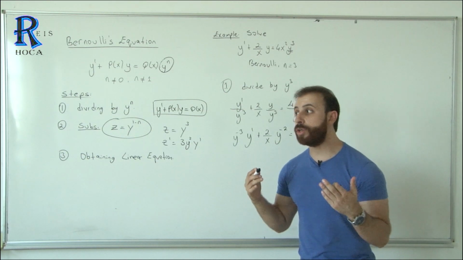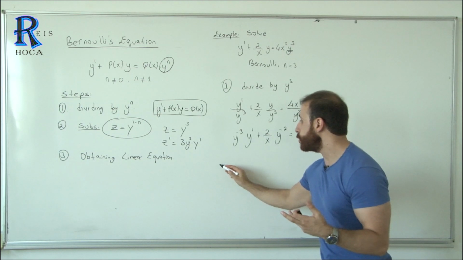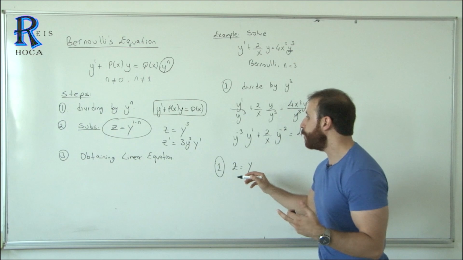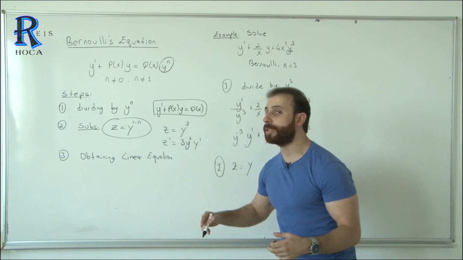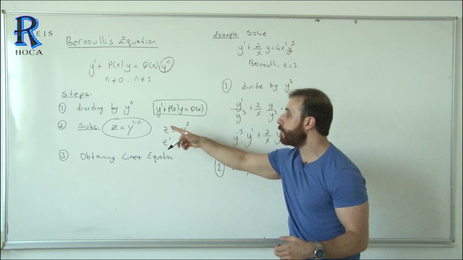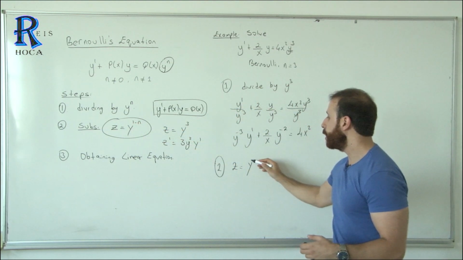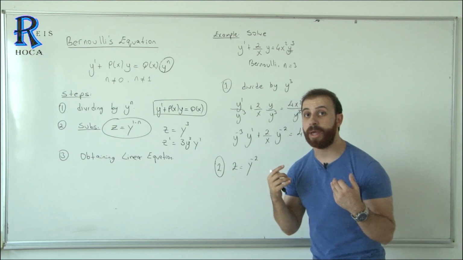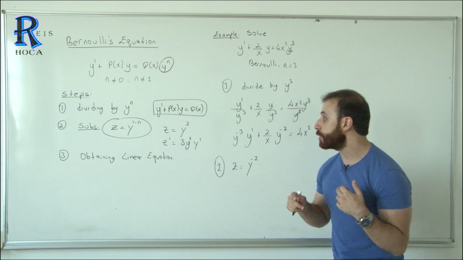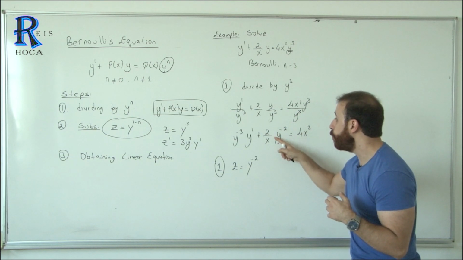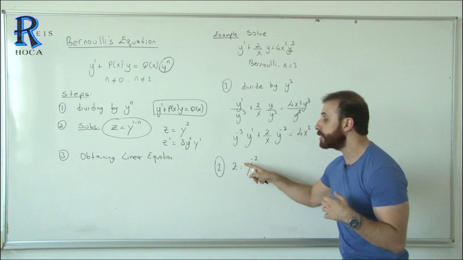So let's use the substitution. What is the substitution? Second, z equals y to the power of 1 minus n. What is n? n is 3, so it will be 1 minus 3, y to the power of minus 2. Let me give a hint: if you did everything correctly, on this place the term of y must always give us z.